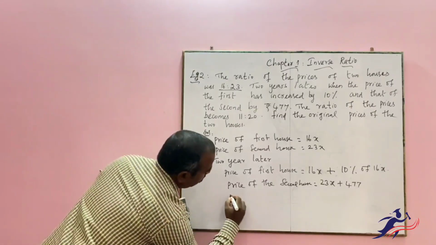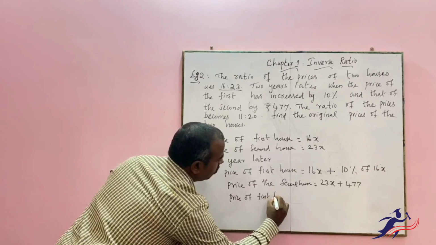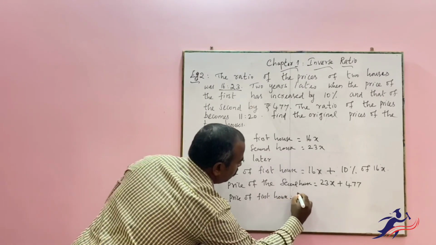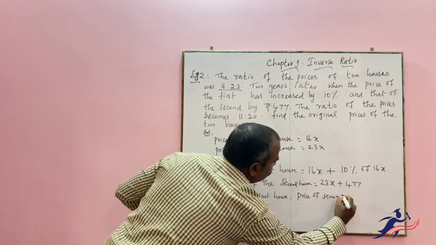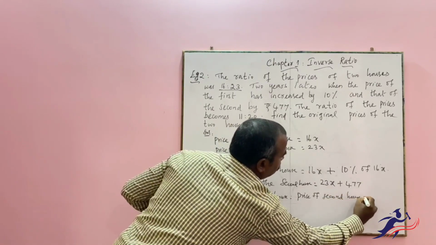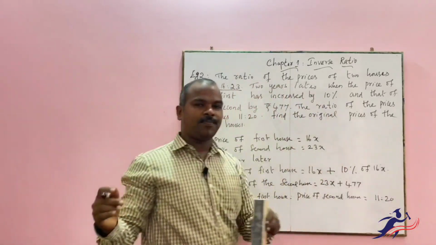That is, price of first house is to price of second house is equal to 11:20.